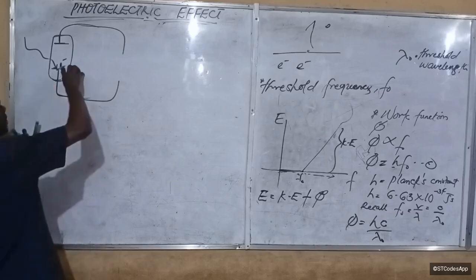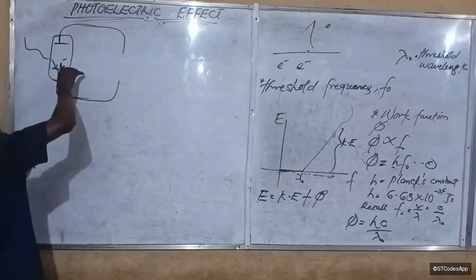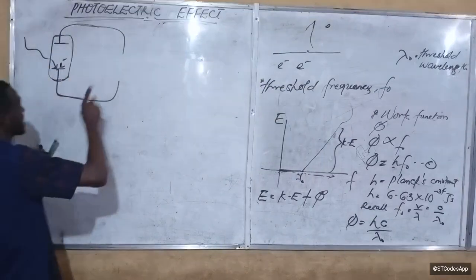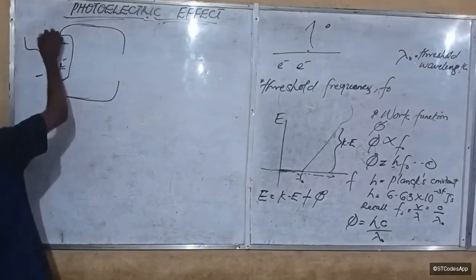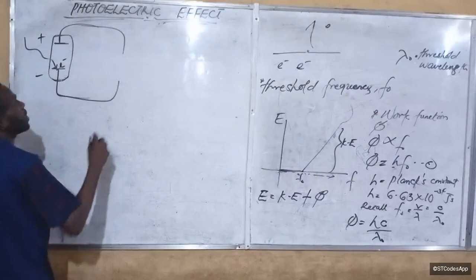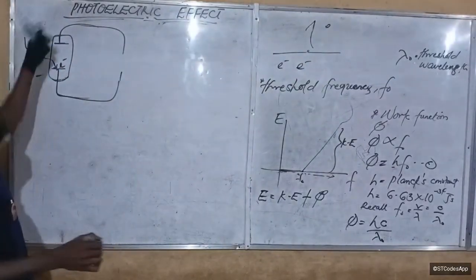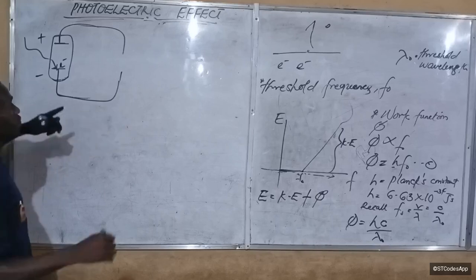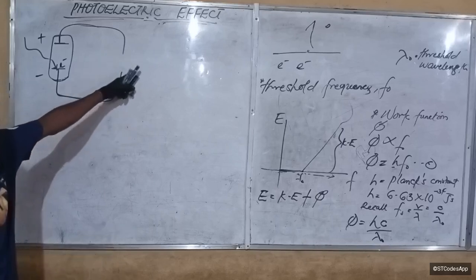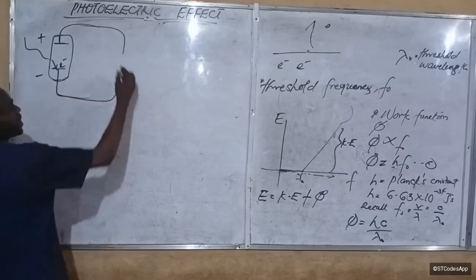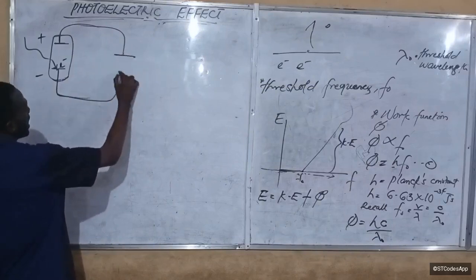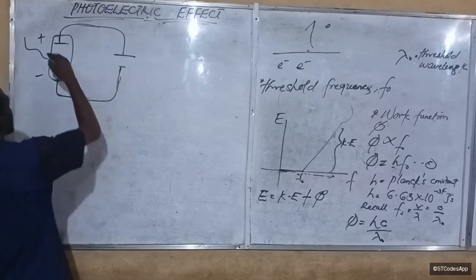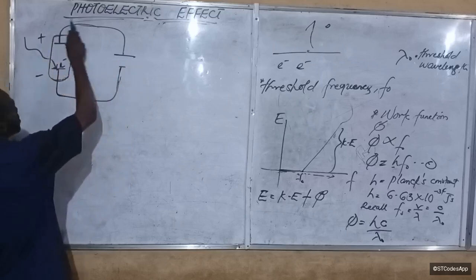Now, if electrons are moving from this plate to this plate, it means that this one here is the negative plate, and this one is the positive plate. Does that make sense? If they wanted the electrons to actually move through the battery, they would connect a positive plate here and the negative plate here, so that it moves from negative to positive.